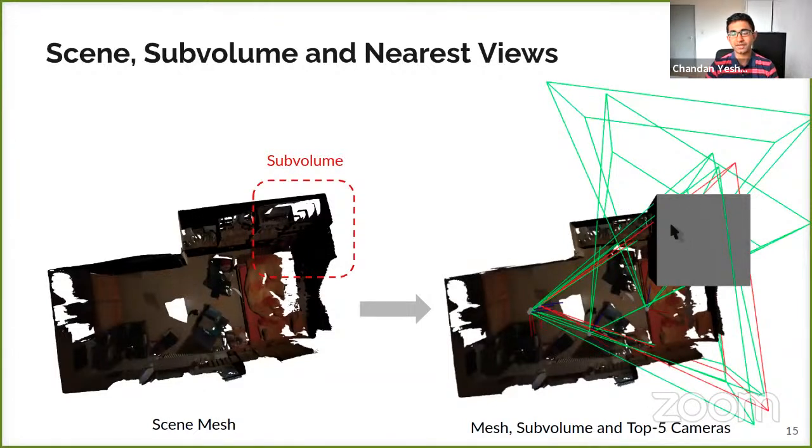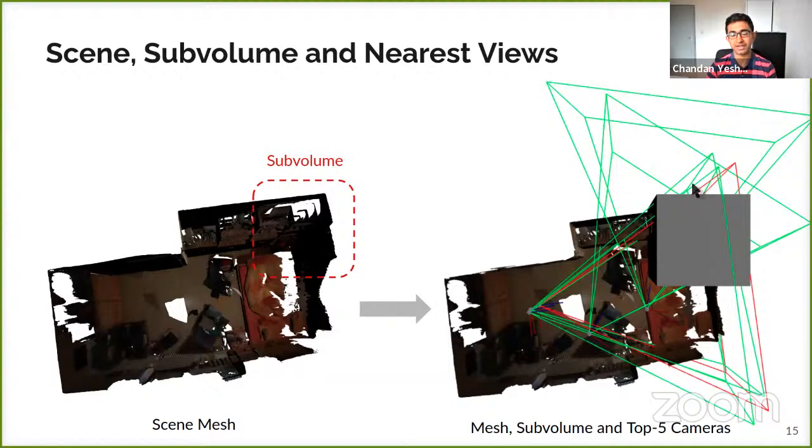This is done in the same way as in 3DMV. We do a greedy incremental picking of the camera positions to maximize the coverage of the subvolume, such that every new camera pose that is added increases the coverage as much as possible.